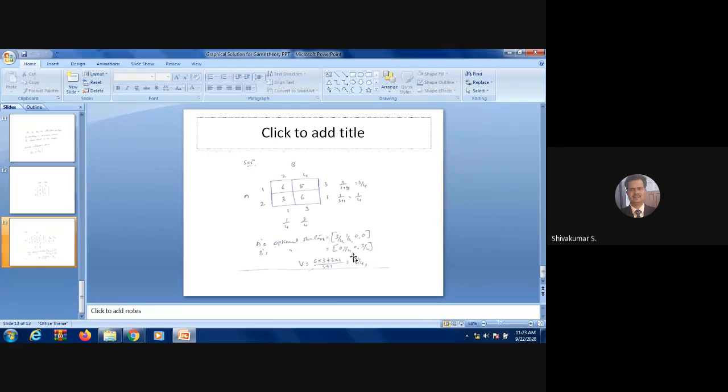If this is a plus value, it is a gain for A. If you get a negative value, it is a gain for B. It is called the payoff, outcome, or value of the game. When they use their corresponding strategies, the value remains the same.